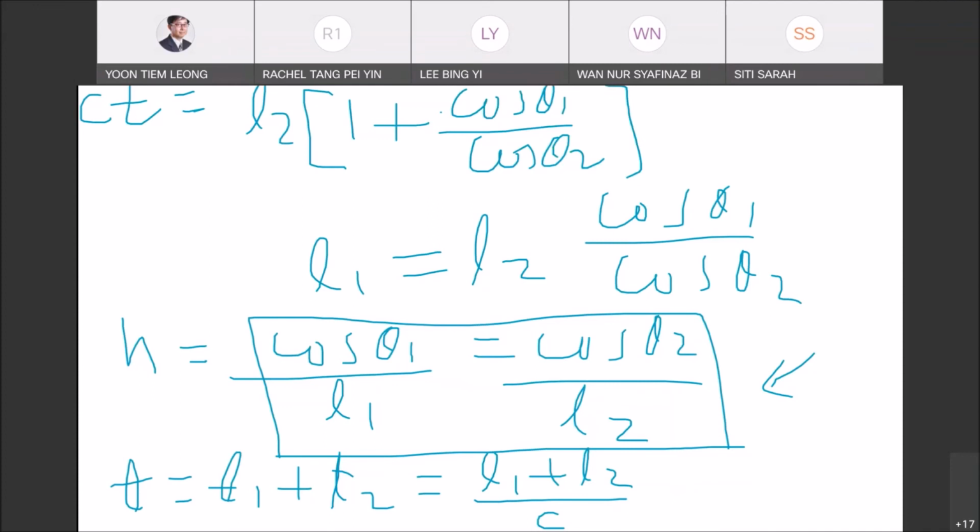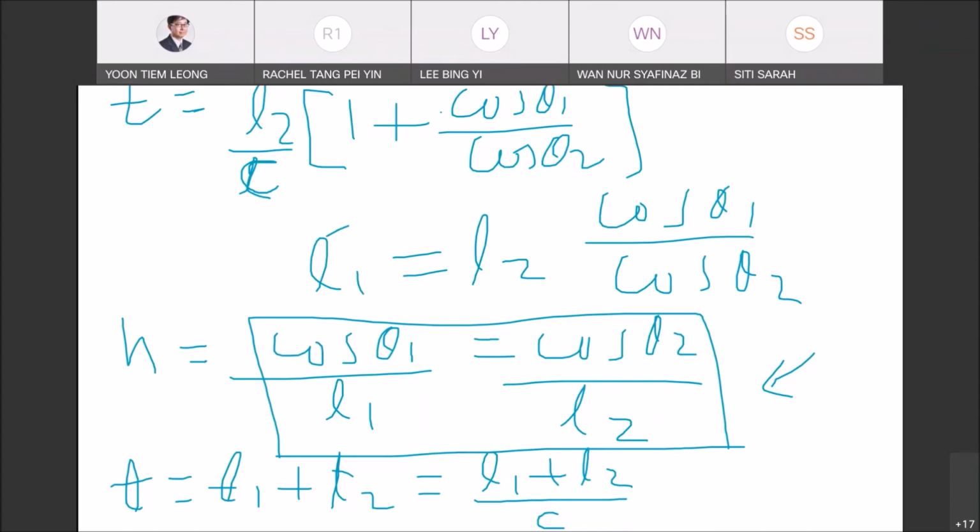So L is the length which is held constant, and theta 1 and theta 2 are varying. So the total time for the light to travel from A to C and C to A is just given by L2 times 1 over C, which is a constant, times a factor of 1 plus cos theta 1 over cos theta 2.